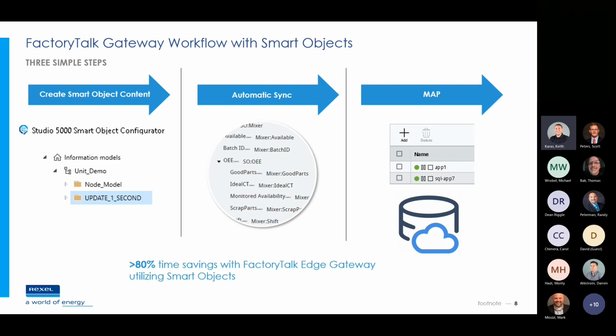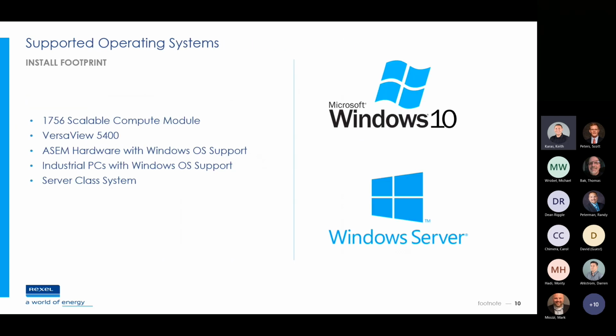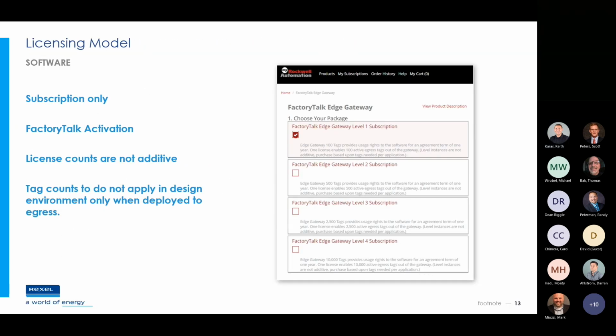Just skipping through to the last few slides that I have here. Okay, so licensing model. These can be purchased through the e-commerce portal. There's different flavors of how many tags. Like I said, it's by tags of egress, not tags of configuration. There's a subscription level of 100, 500, 2,500, and 10,000 tags. Again, it's activated by FactoryTalk Activation. The license counts are not additive.